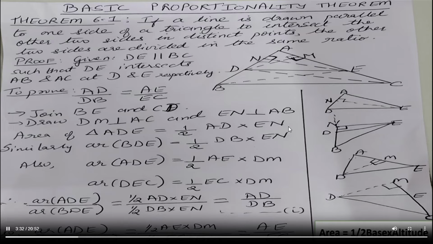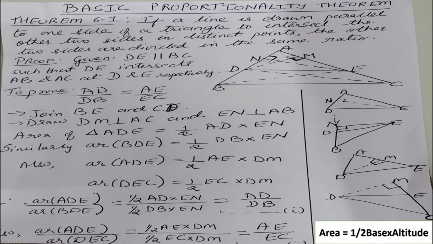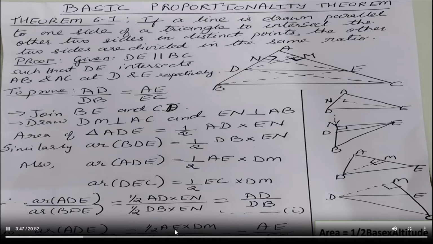It will be half of AD into EN upon half of DB into EN. So cancelling EN, we get AD upon DB. Similarly, area of triangle ADE upon area of DEC is equal to AE upon EC. So now we have got two ratios. Let us continue with the proof.